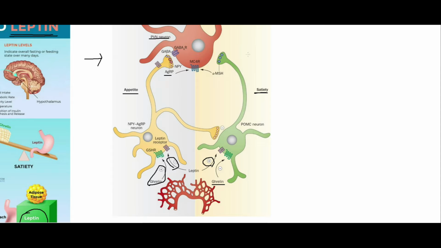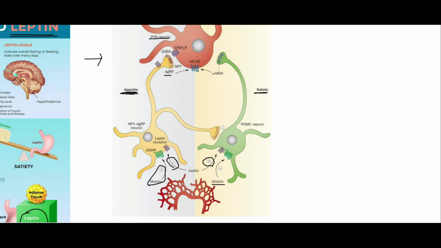And so once again, the takeaway here, we have these appetite, or the go eat neurons, as I've been calling them, which are the NPY-AgRP neurons, and they signal to the paraventricular nucleus and they inhibit it. We have the satiety, or the stop eating neurons, as I've been calling them.